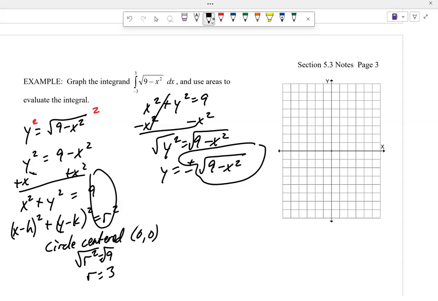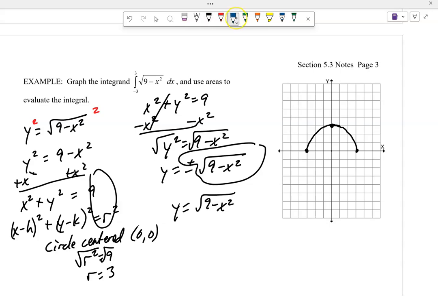So it's a circle centered at 0, 0, but it's only the top part of this. It has a radius of 3. It's only because it's a positive square root of 9 minus x squared. If they would have given us y equals negative square root of 9 minus x squared, then I'd have taken the bottom part of the circle, right? It's just the top. Top of the circle, square root of 9 minus x squared, okay?